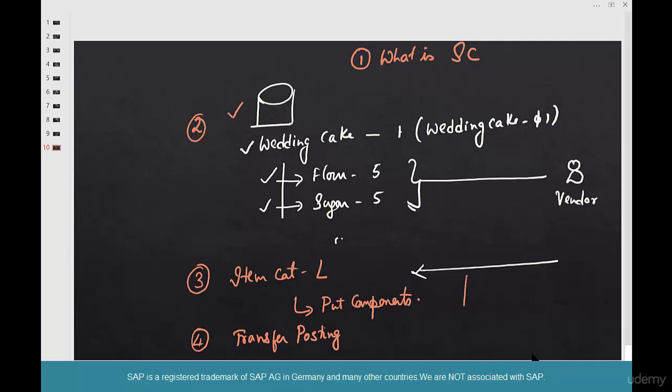And then step number 5 is when the vendor is ready with your cake, he ships it back. So you go to MIGO and receive the goods, right? Assuming all the raw materials are consumed.